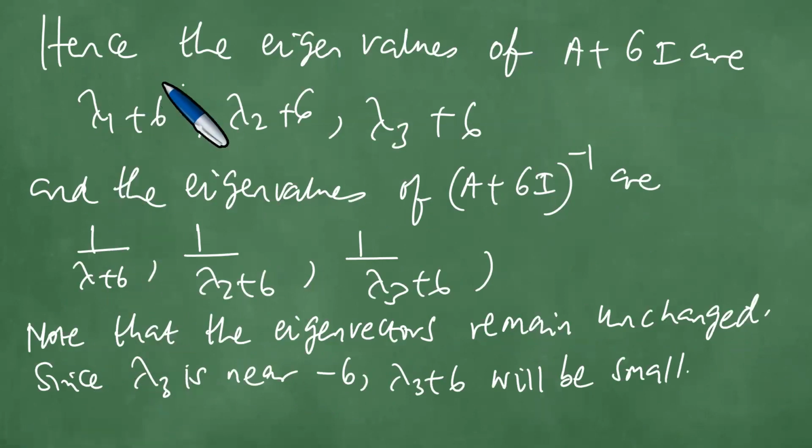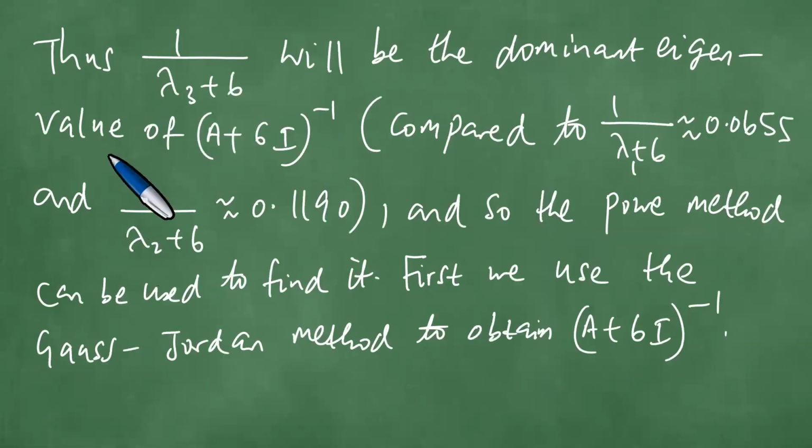All right, a couple of things. Hence, the eigenvalues of A plus 6I are these, and the eigenvalues of the inverse of that are these. Note that the eigenvectors remain unchanged, but since lambda 3 is near minus 6, lambda 3 plus 6 will be very small.